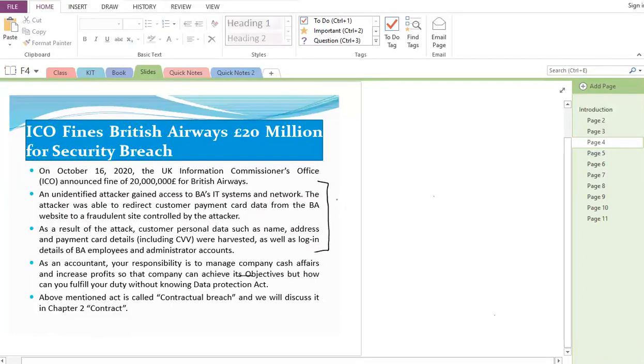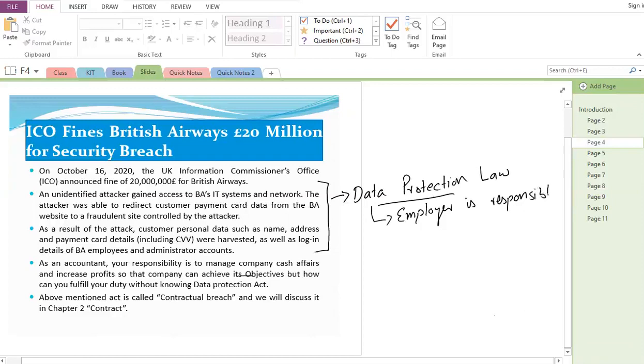So there is basically a law, the data protection law, and according to this law, the employer is responsible for the protection of data.